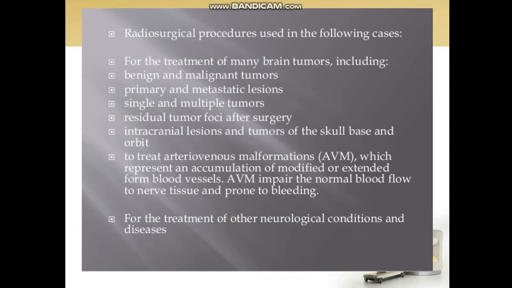Radiosurgical procedures are used in the following cases: for the treatment of many brain tumors, including benign and malignant tumors, primary and metastatic lesions, single and multiple tumors, residual tumor foci after surgery, intracranial lesions and tumors of the skull base and orbit, to treat arteriovenous malformations, and for the treatment of other neurological conditions and diseases.